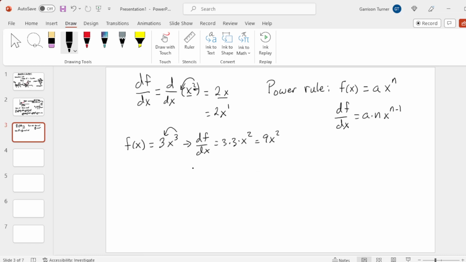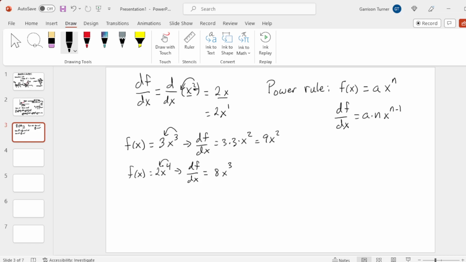Right? If I have 2 times x to the 4th, then the derivative of that is equal to 8 times x cubed, right?